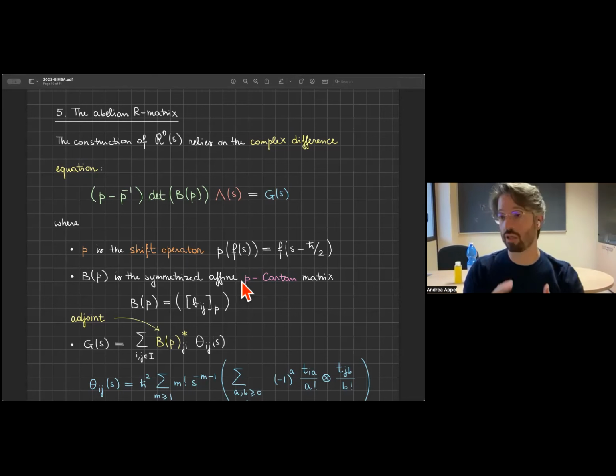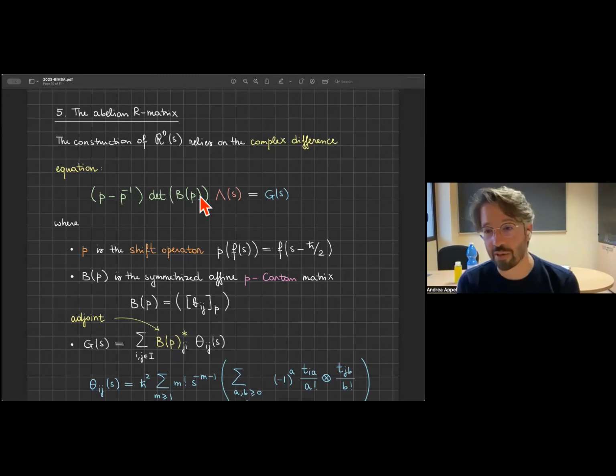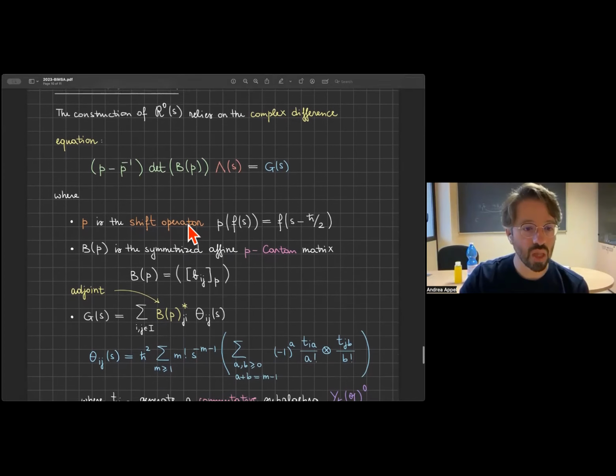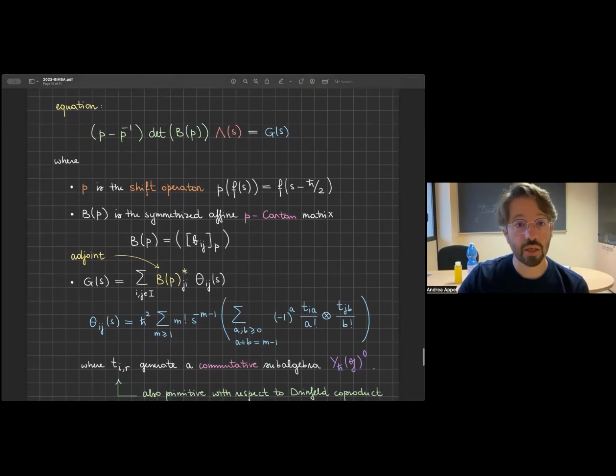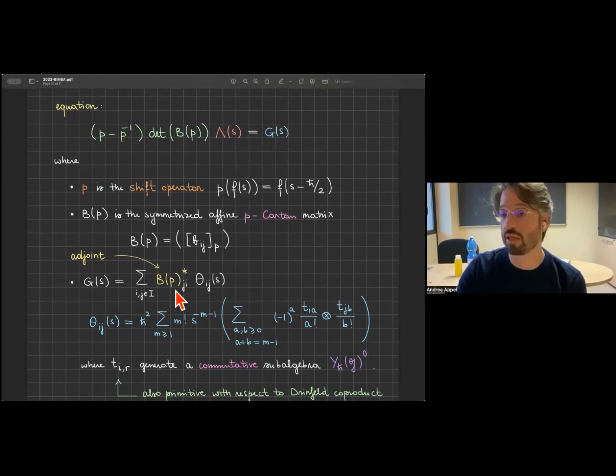Now this is the determinant of this symmetrized affine P Cartan matrix, as we call it. And then G, which is this constant term that is used to eventually construct the solution lambda, is this big guy here. Again, there is the adjoint matrix of this P Cartan involved.